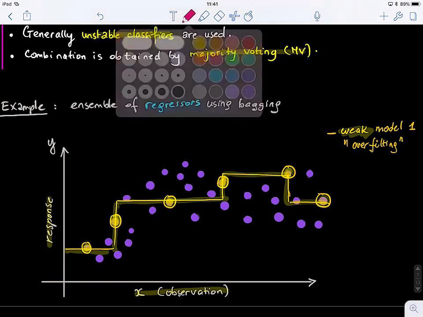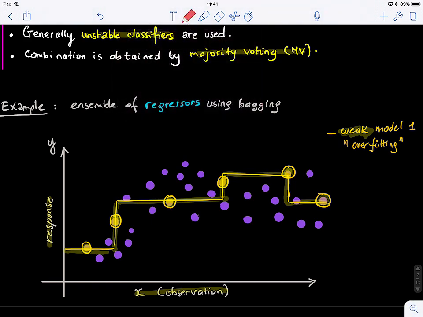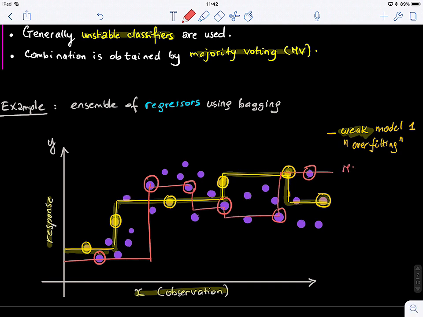But then remember, in bagging we need to randomly sample, okay? So select samples randomly using a uniform distribution, and then we try to fit a line that goes through all these samples. And this is the second model, model 2. We will do this again and again, randomizing many times in different ways, and we get a bunch of models.